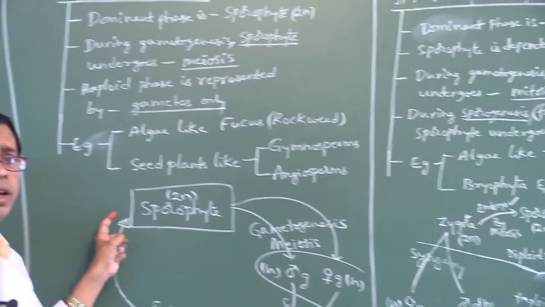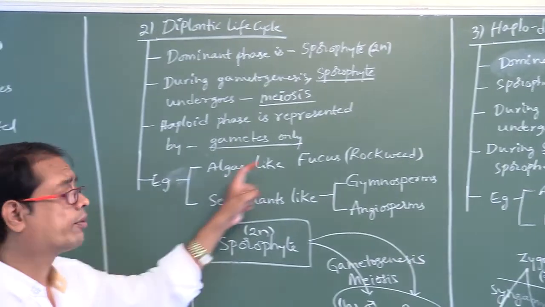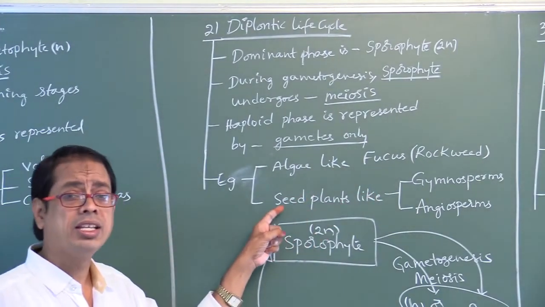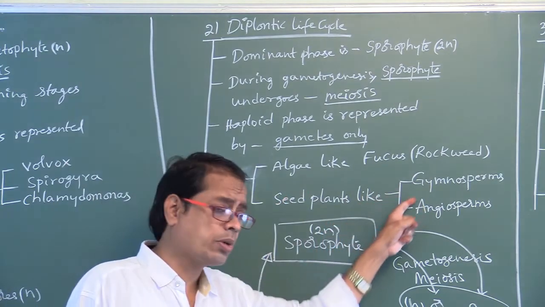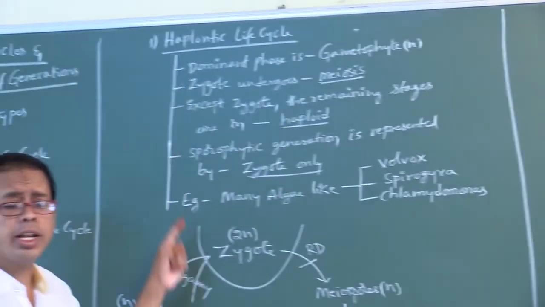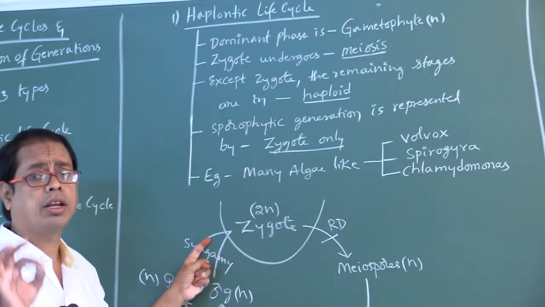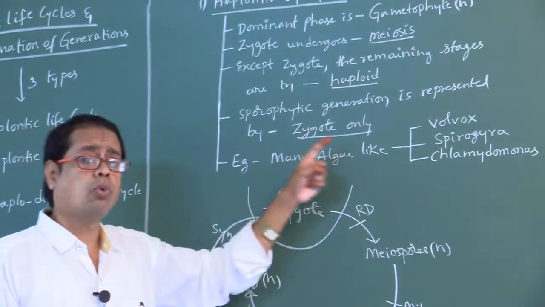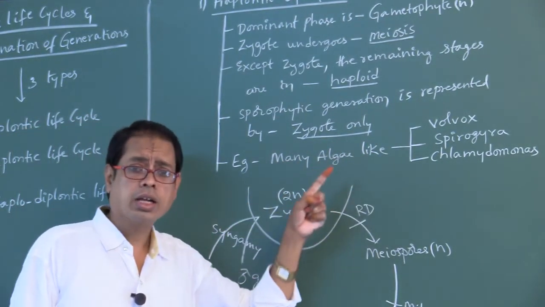Diplontic life cycle is found in algae like Fucus, commonly called rockweed, and seeded plants like gymnosperms and angiosperms. And haplontic life cycle is found in majority of algae, like Volvox, Spirogyra, Chlamydomonas.